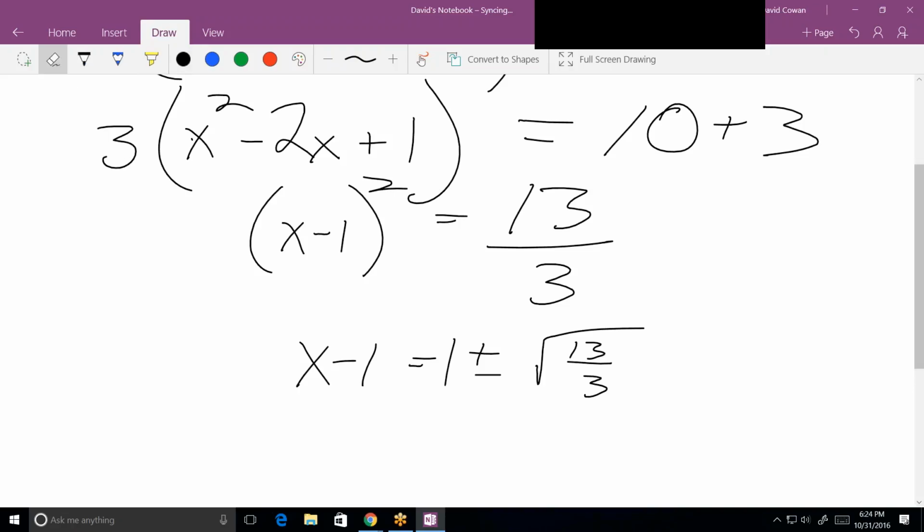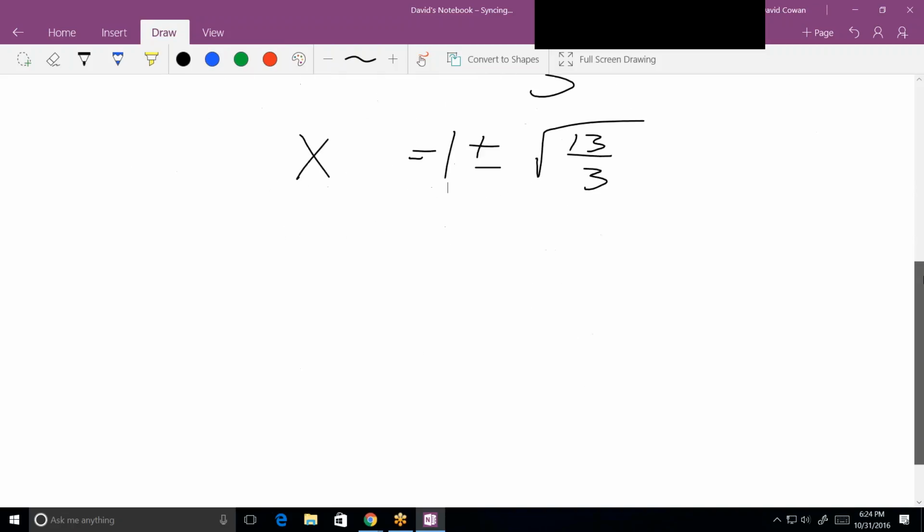Now, there is something a little strange. In other words, that would be your answer, but not quite. What's wrong with this answer? There's a fraction being squared. Well, this square root of 13 over 3 is the same as this. In other words, I could write that like that, right?